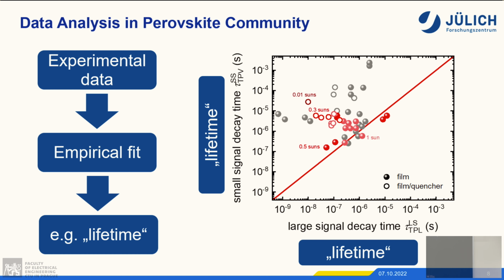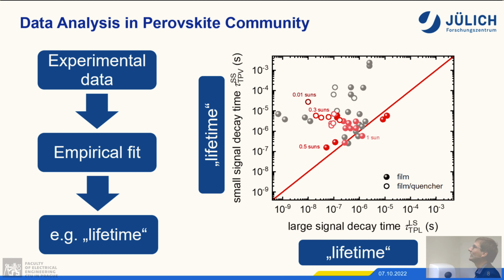So this is what I would call an empirical fit. And then you get something out and you call it a lifetime. And now the problem comes that different people mean different things because they fitted different exponents to different things. And at the beginning, this may sound like a minor issue, but I'll tell you this is quite a major issue when you try to learn something from your fits.